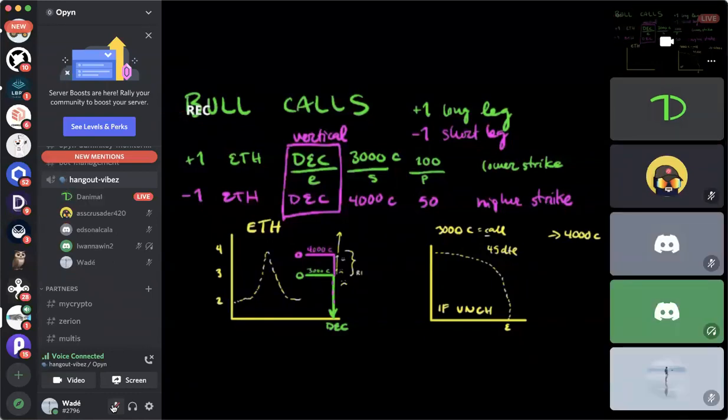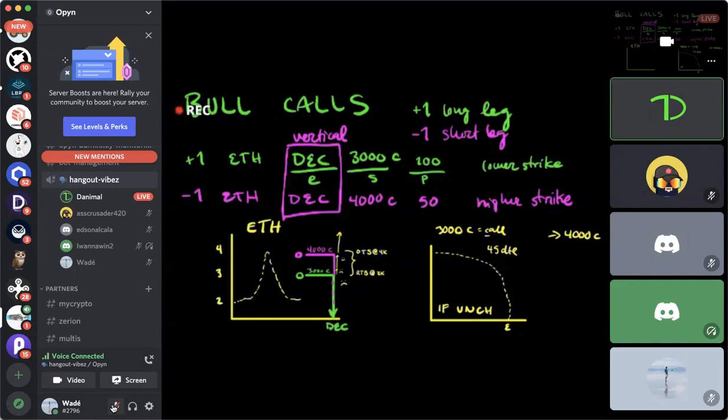But if you breach both of these, you've reaped the full trading advantage, where you'll have the right to buy here, and conversely, you'll have the obligation to sell here. So you'll benefit from having purchased Ethereum at 3,000. So this is the right to buy at 3K, and the obligation to sell at 4K. And then you'll collect the net credit.